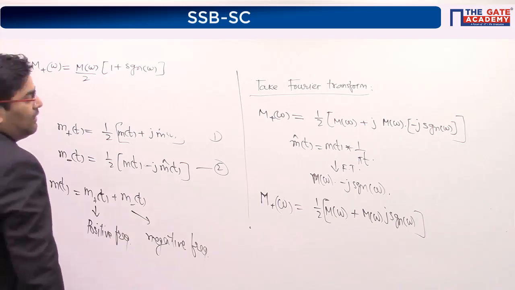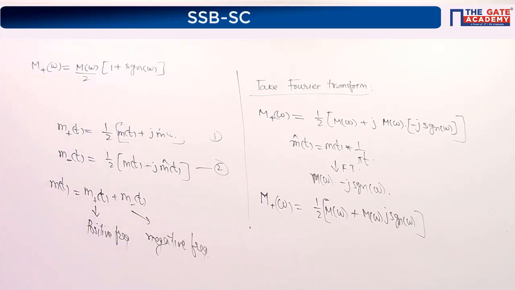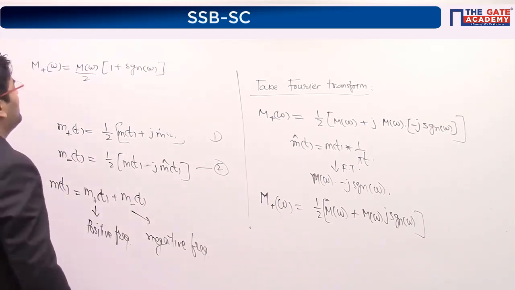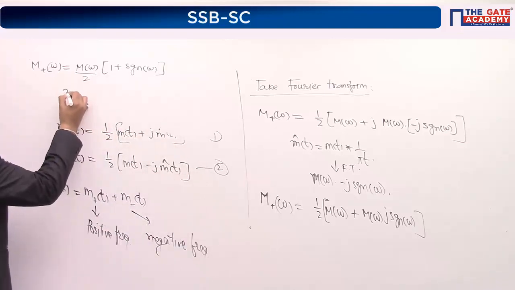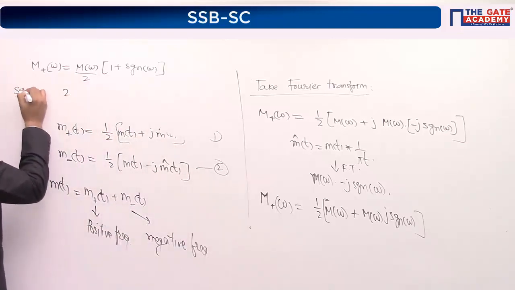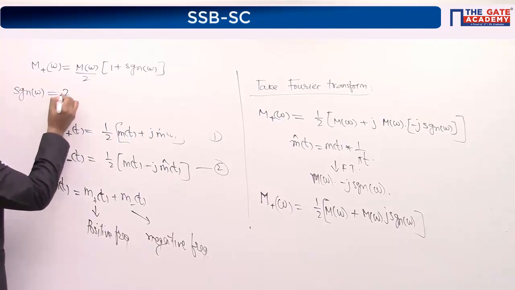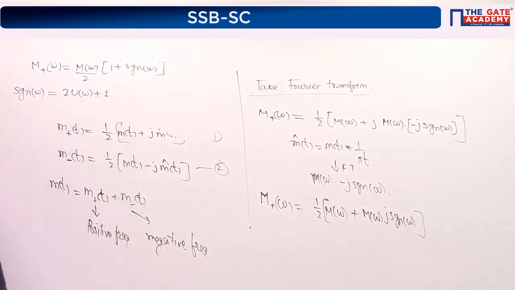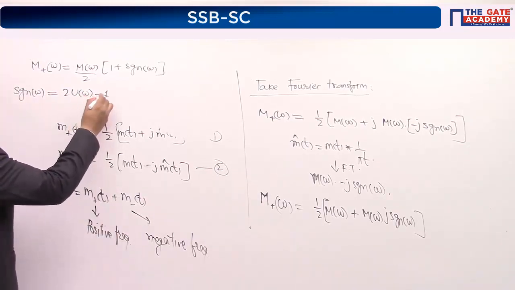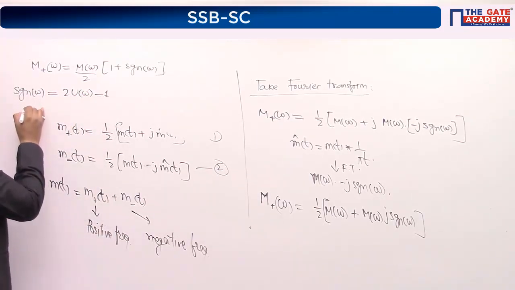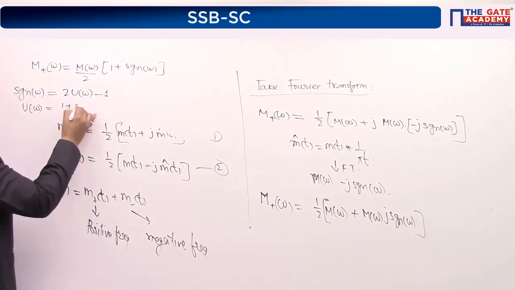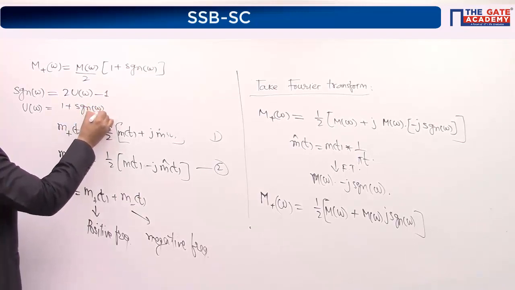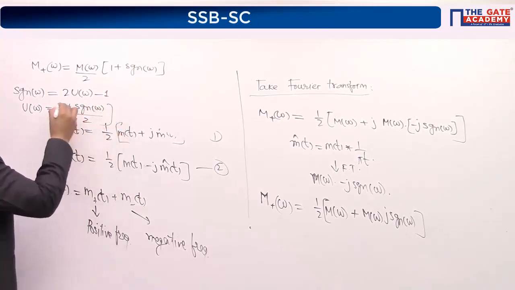And you know that if there is a relation, if you recall, signum t is equal to 2u of t minus 1. So u of omega can be written as 1 plus signum omega by 2.